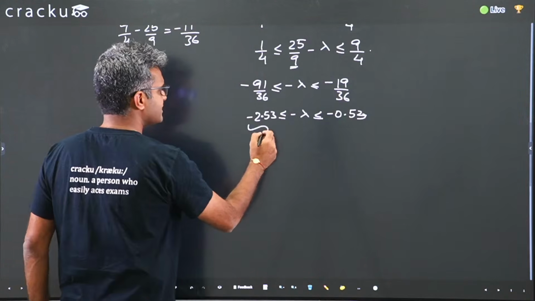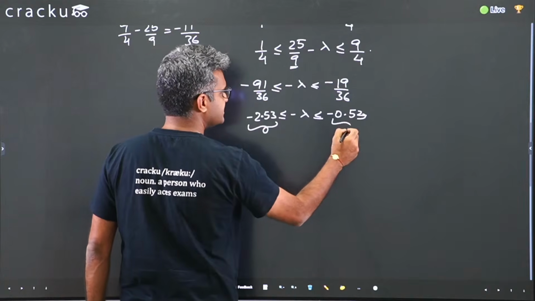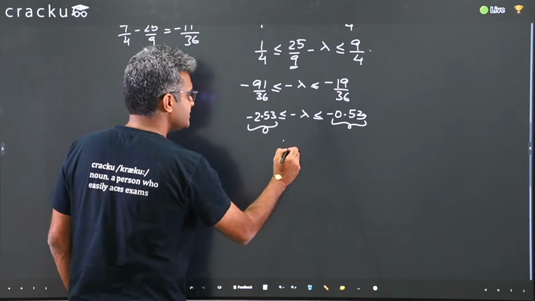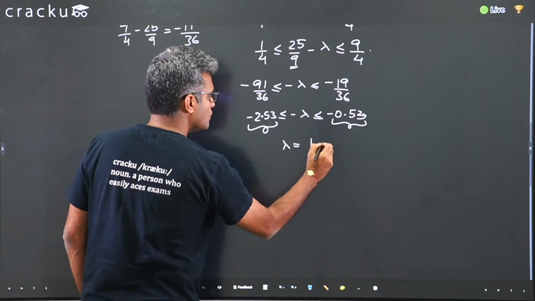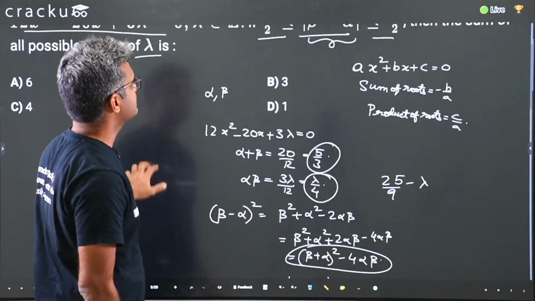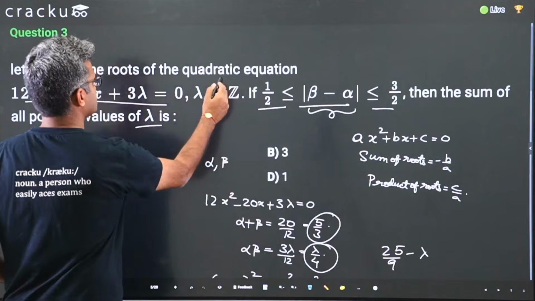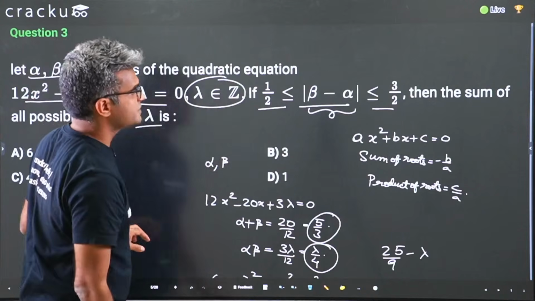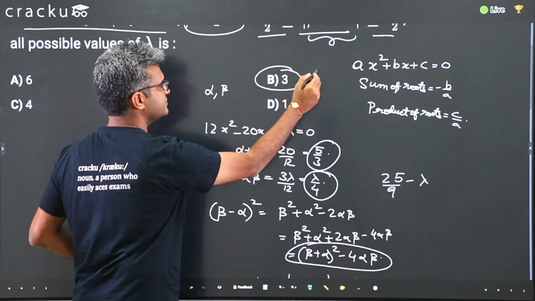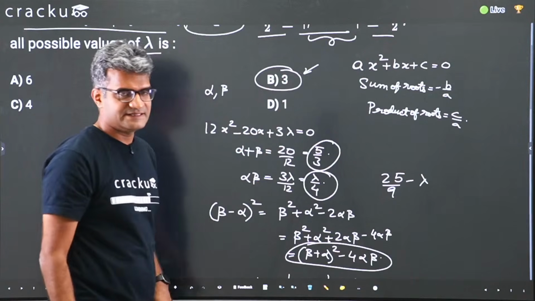So minus lambda is between minus 2.53 and minus 0.53, or the values that lambda can take are 1 and 2, because lambda has to be an integer. So the sum of all the possible values of lambda is equal to option B, which is 3.